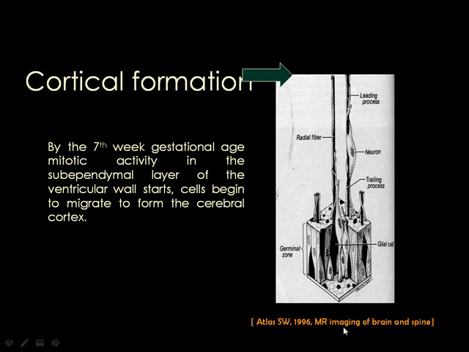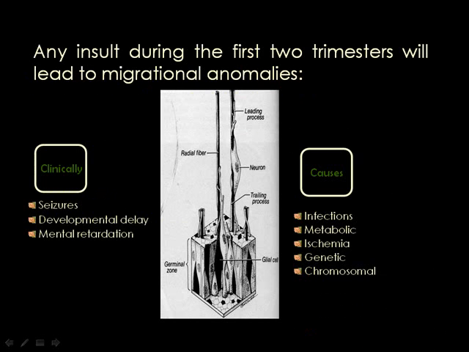Any lesion that can disturb this migration will result in this group of diseases known as the neuronal migration disorders. Actually, the causes are not exactly known, but they are suspected to be one or more of these: intrauterine infection, metabolic disorder, ischemia, or genetic or chromosomal abnormalities.